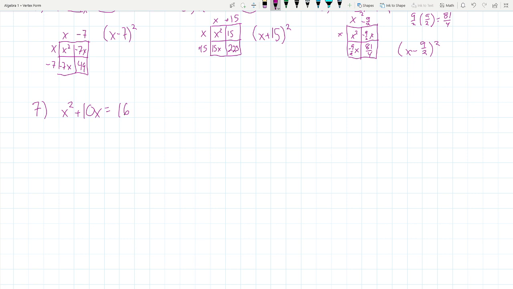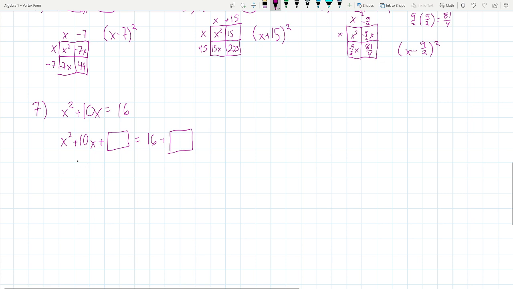And so it means that we need to keep everything balanced. One way some people like to look at this is they go, okay, x squared plus 10x plus some number equals 16. But we can't just randomly add some number, and so we need to add that some number to the other side. That way we're not really changing anything about it.